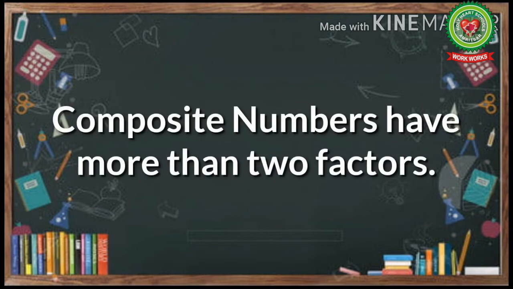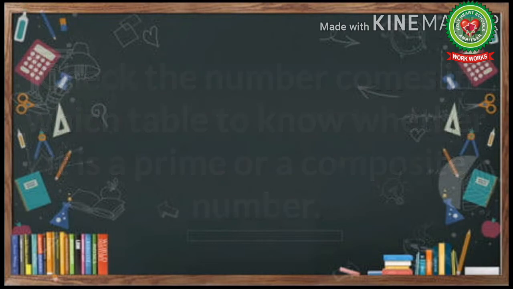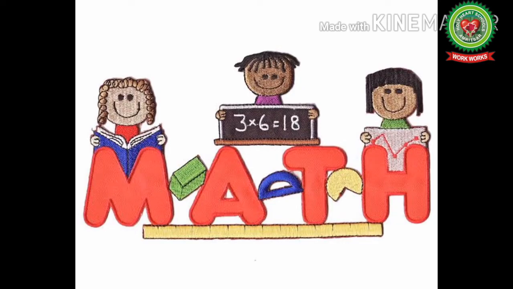And composite numbers have more than two factors. You must check the number comes in which table to know whether it is a prime number or a composite number. Kids, I hope you have understood the concept of prime numbers and composite numbers.